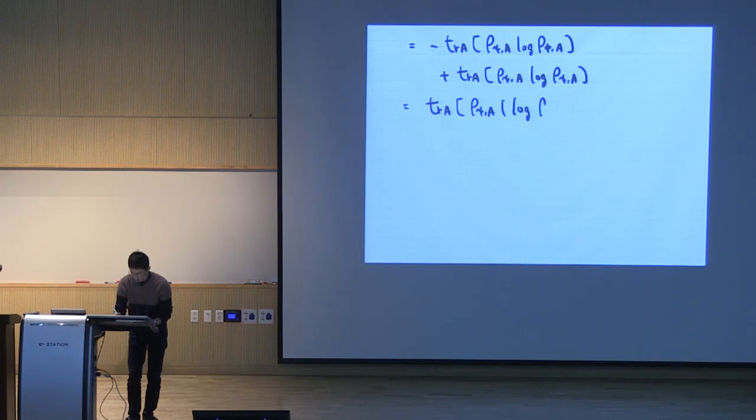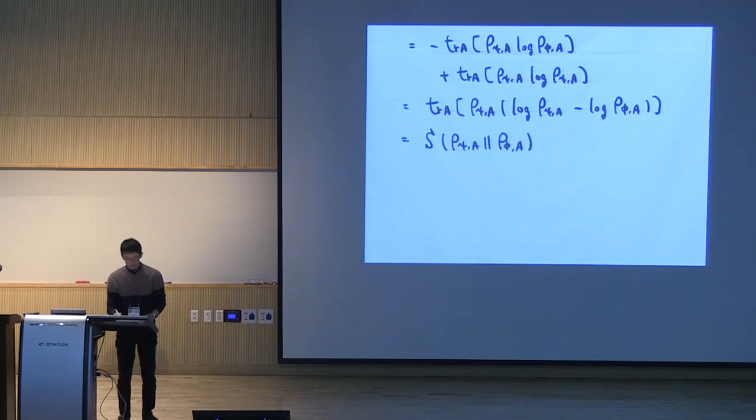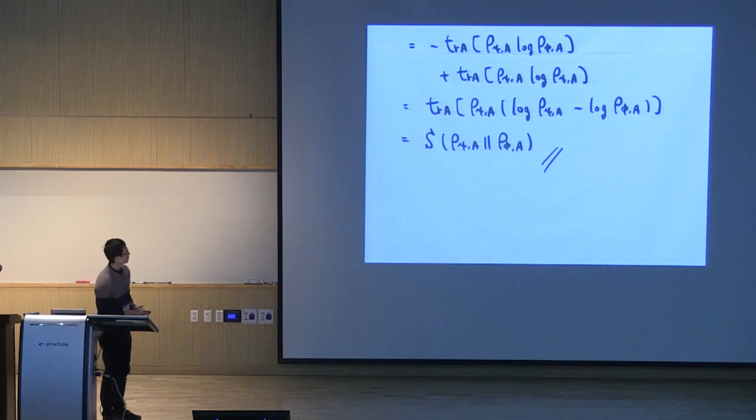Then you have log of rho psi A minus log of rho phi A. And this is what we defined as the relative entropy with arguments rho psi A and rho phi A. Okay, so this is the end of the proof.